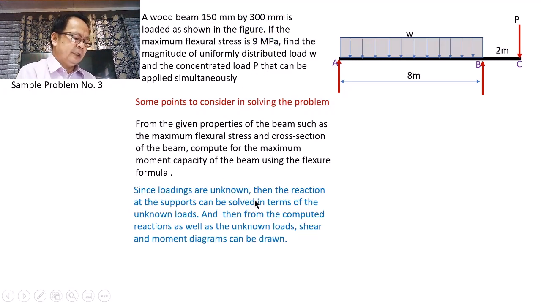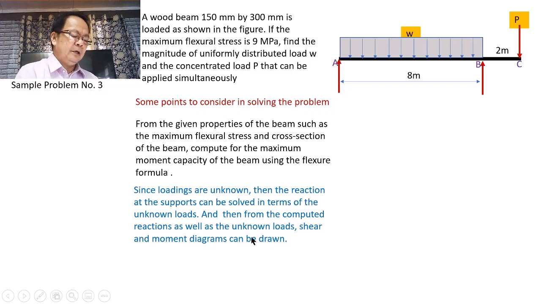dahil nga yung loading natin ay unknowns, so yung reactions natin ay makukumpute natin in terms of the unknown values. So we can compute for the reaction of these supports in terms of W and in terms of the P values, in terms of these two values, W and P. And then after we have computed for this reaction of the support, so by drawing natin yung load, shear, and moment diagrams out of these given values.